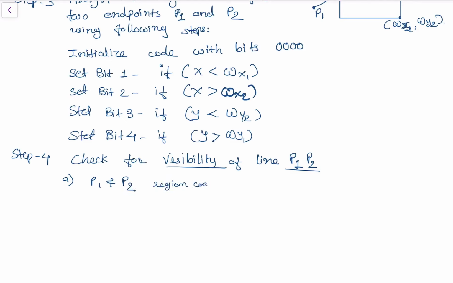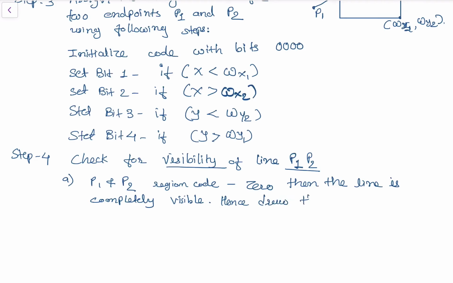If the region codes are 0, then the line is completely visible. Hence draw the line and go to step 9. Step 9 will be stop, right.